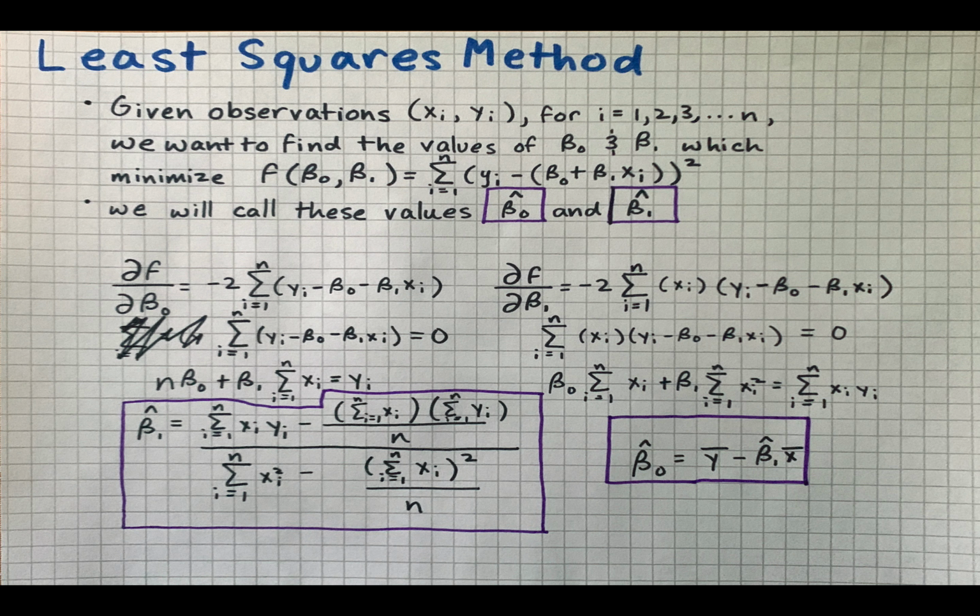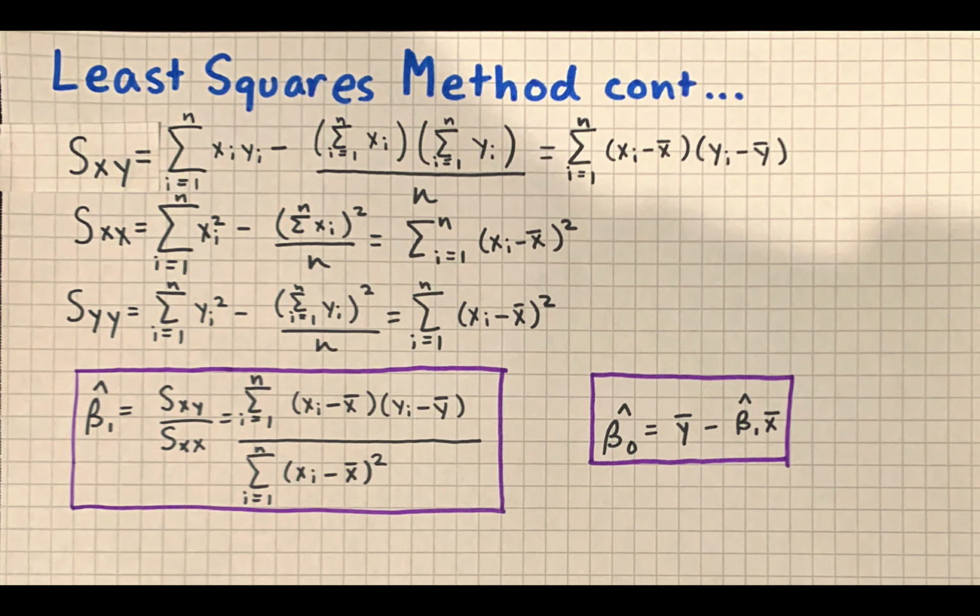This is one method of using the least squares approach, but it is not the most efficient. Deriving this formula takes time, and the formula is a little bit complicated to use. A simpler method of using the least squares approach is by breaking it down into SXY, SXX, and SYY.